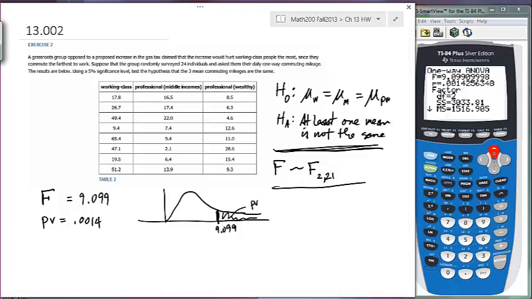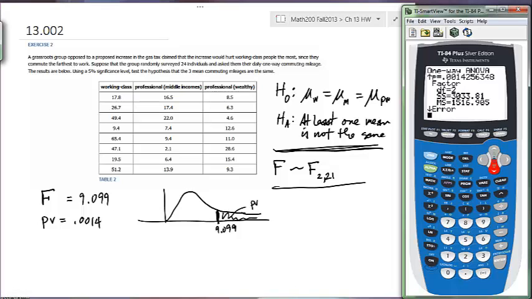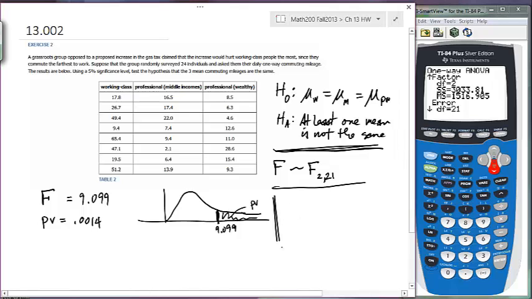There are a few other numbers that may or may not be important. Let's make notes of some of these values. The SS factor, sometimes called treatment, the sum of squares, is equal to 3033.81. The MS factor, or treatment, is 1516.905.